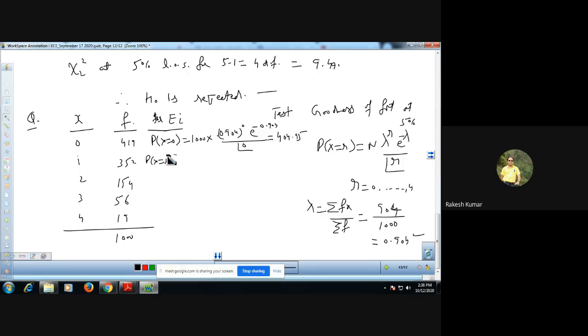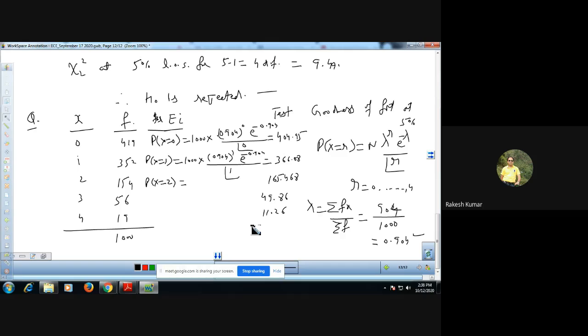Similarly, probability X equal to 1 is 1000 into 0.904 raised to power 1, e raised to power minus 0.904, over 1 factorial, which is 366.08, and the probability X equal to 2 will be calculated. It comes out to 165.468, similarly 49.26, and this one 11.26.